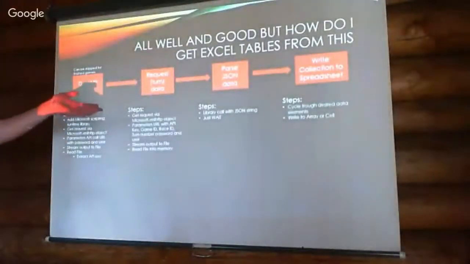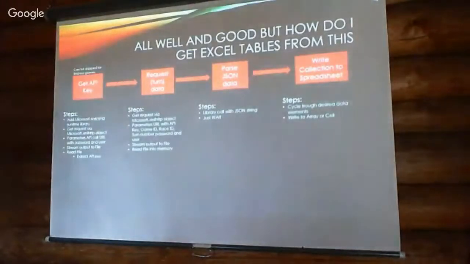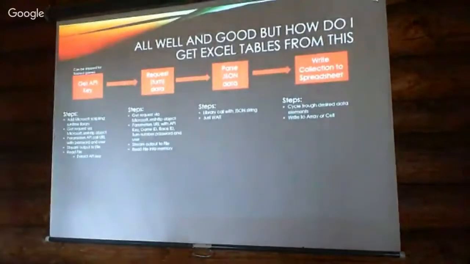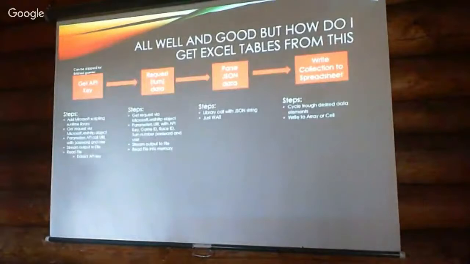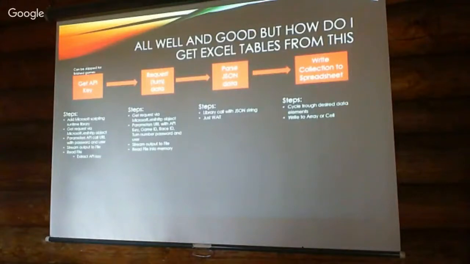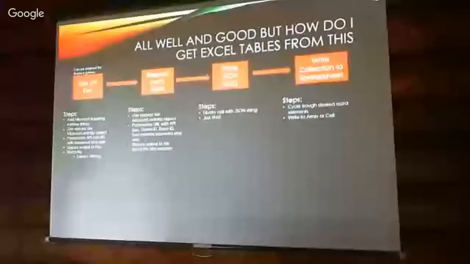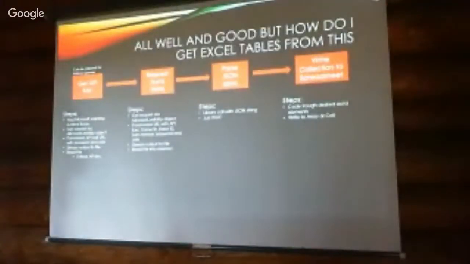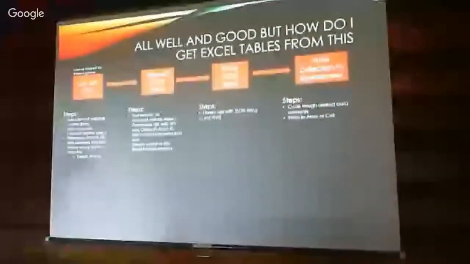Okay. So there's some detailed steps here. To get the API key, this is now going into how do I do the same things that I've just done manually in Excel. In your function, the first thing you need is the Microsoft Scripting Runtime library in order to stream the data in and out of Excel.